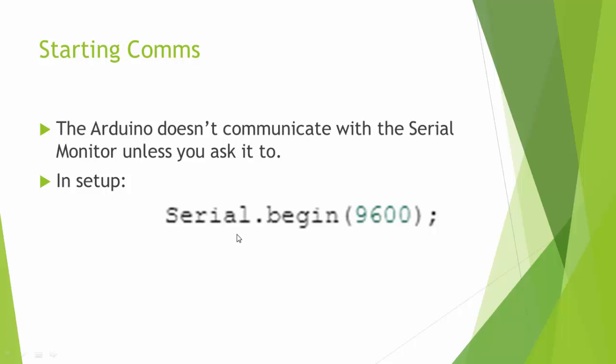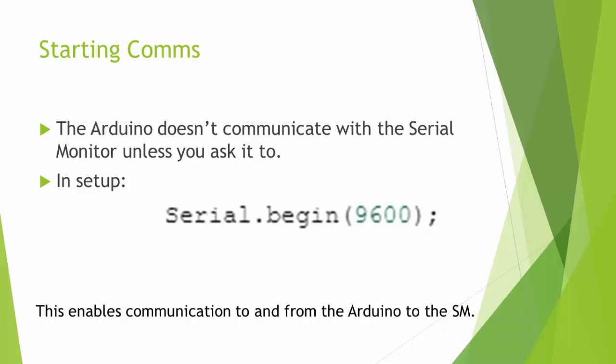And I'd encourage you for the rest of this course to simply get in the habit of putting Serial.begin(9600) inside your setup. If you do this, you'll never have error messages popping up associated with trying to communicate with the serial monitor. The good news here is this one command opens communication both from the serial monitor to the Arduino and from the Arduino to the serial monitor.